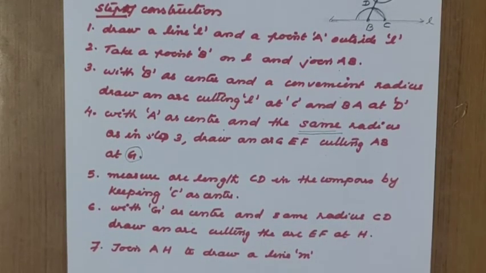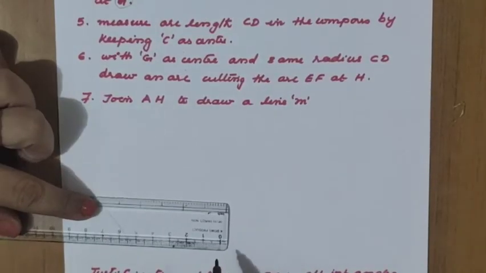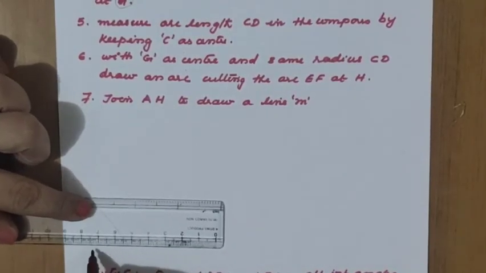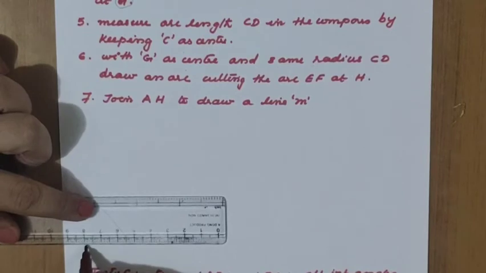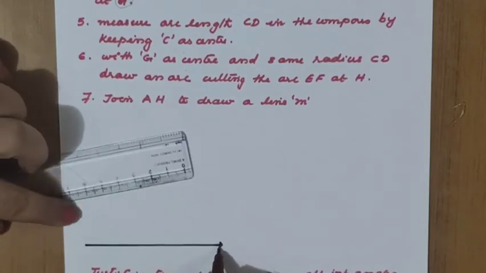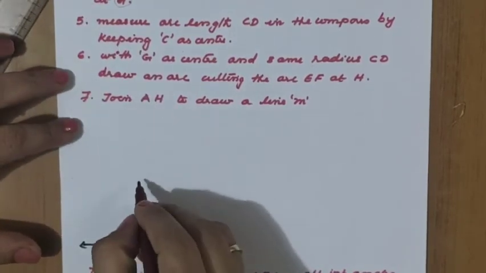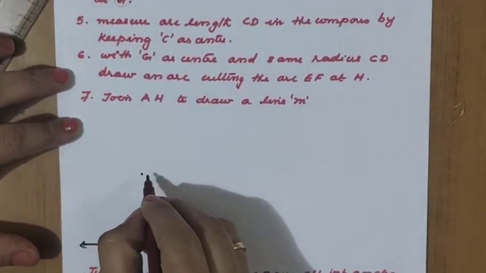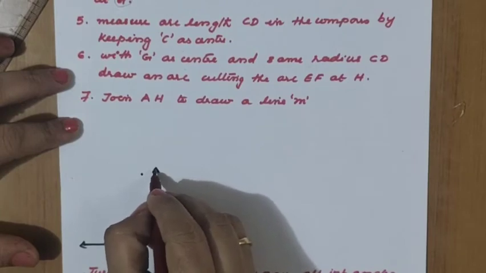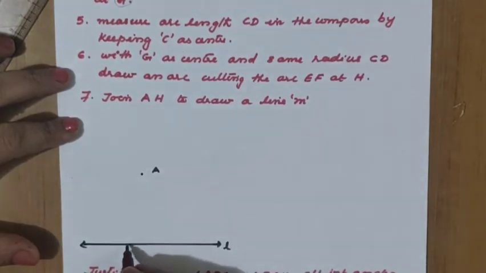Now let us see what we can do by the construction. We have to draw a line L first. Now what is the next step? A point A is taken outside L. And on L, what point is taken?